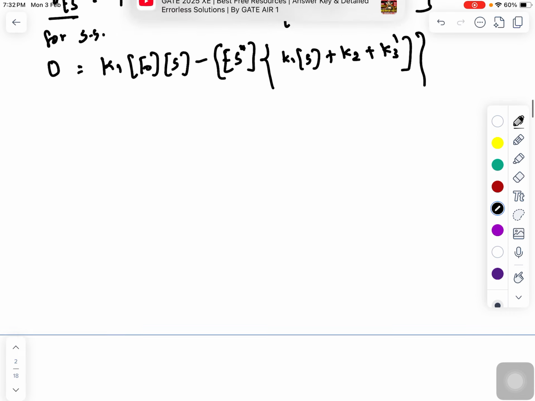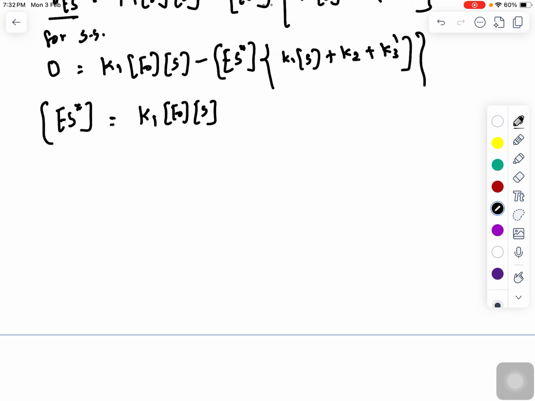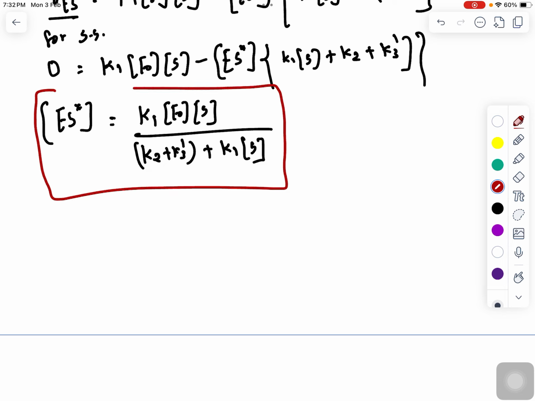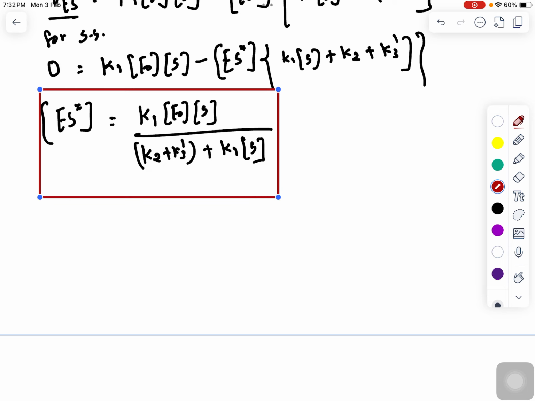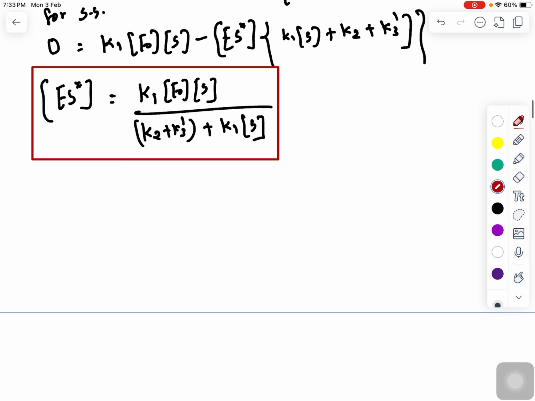So if I want to find out the concentration of ES star, that can be written as K1 concentration of E naught concentration of S divided by K2 plus K3 dash plus K1 into concentration of S. Is that clear? This is a very important parameter that will be used to calculate the Michaelis-Menten kinetics equation.